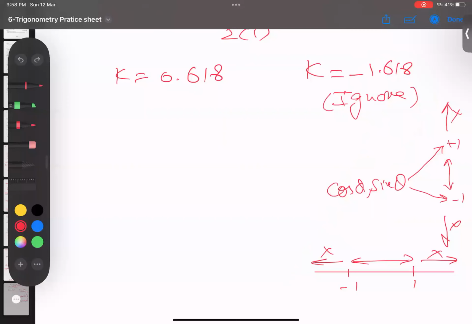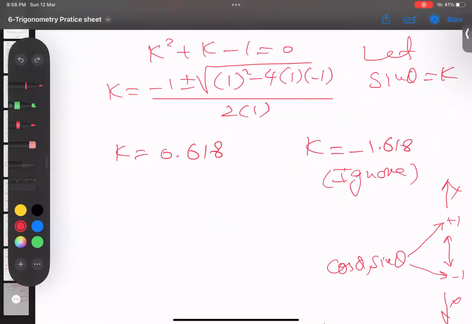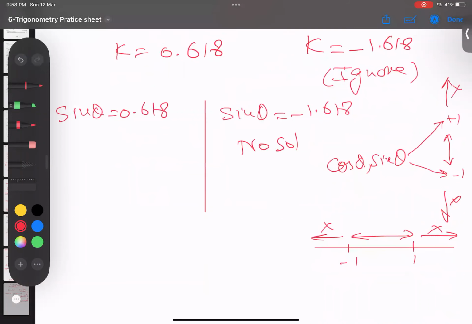Even if you take sine, for example, look, I'm going to show you. So sine theta is equal to 0.618. Second option, sine theta is equal to negative 1.618. If you take the sine inverse of this answer, it will give you no solution or a math error. So I will find this answer only, and for your knowledge, sine is positive in the first quadrant and second quadrant.